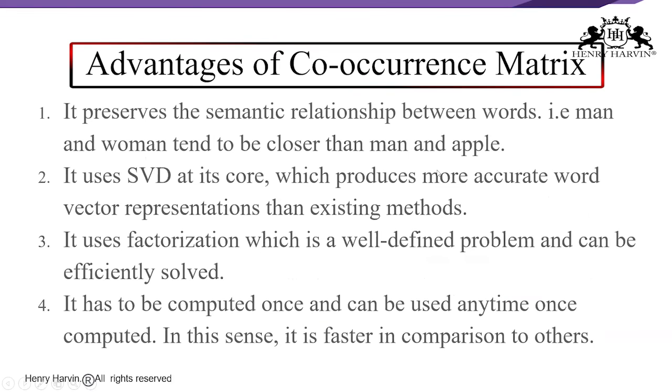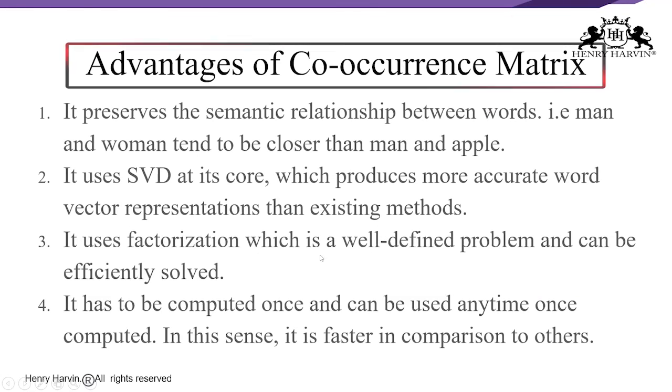Now let us try to understand the advantages. It preserves the semantic relationship between words, that is, man and woman tend to be closer than man and apple. That's very obvious. It also uses SVD at its core, which means it produces more accurate word vector representations than existing methods.